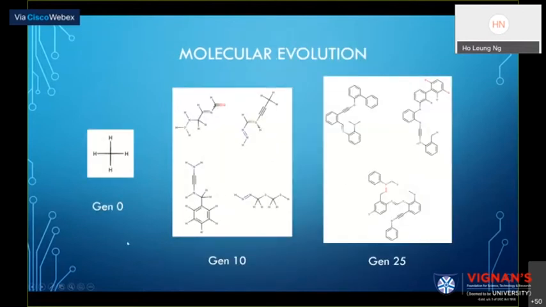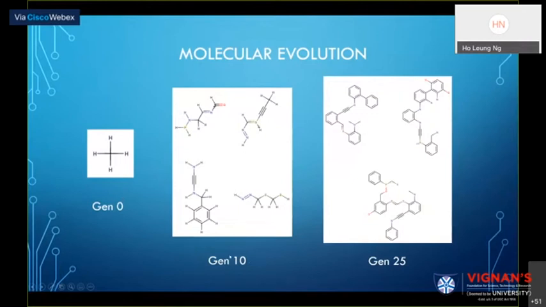So back to MPro. This is all work that has been done just very recently, within the past week. And what we're starting with is almost nothing. We're starting with a methane molecule that is evaluated at the active site of the MPro protease.